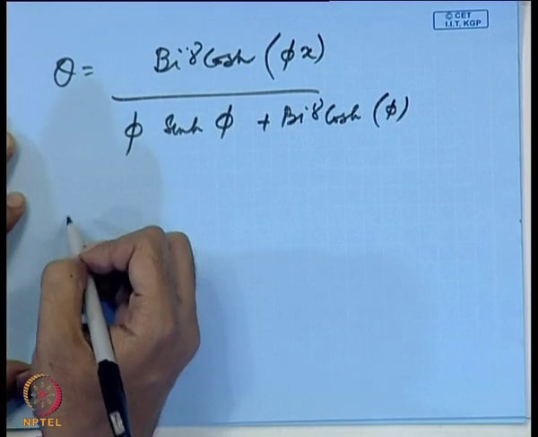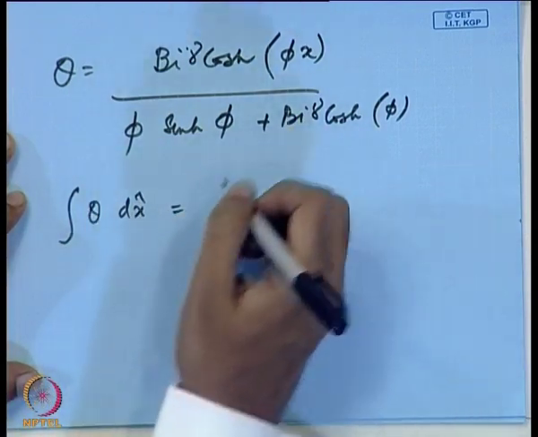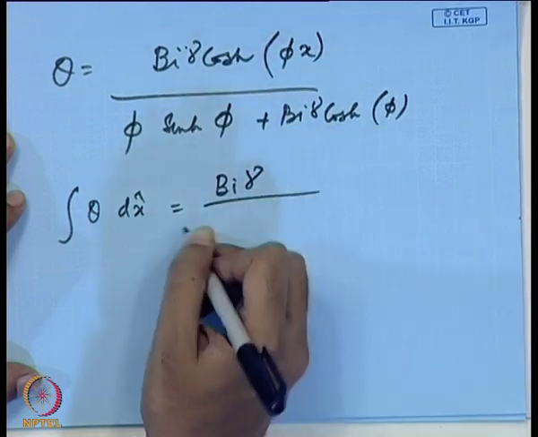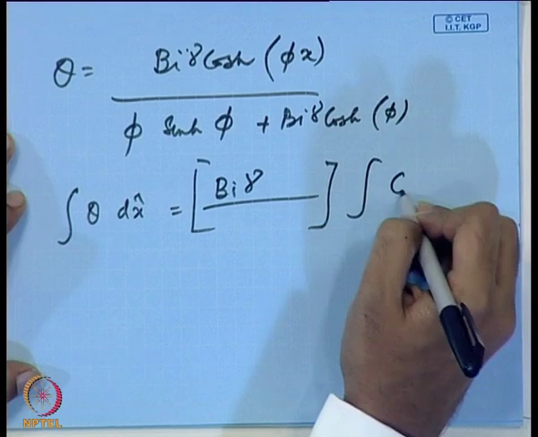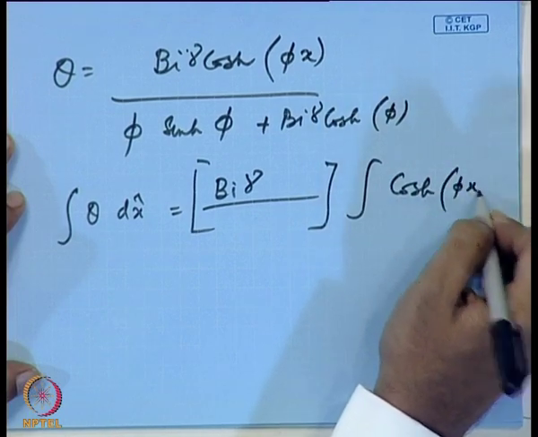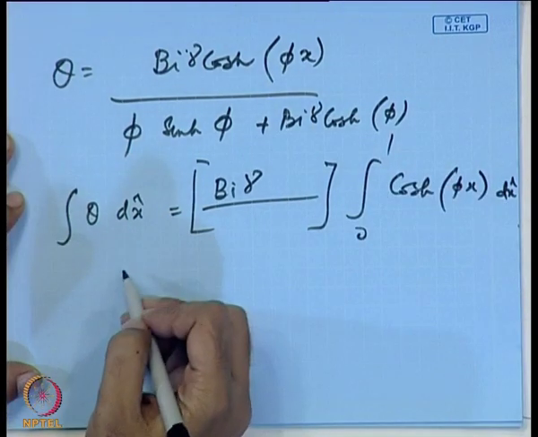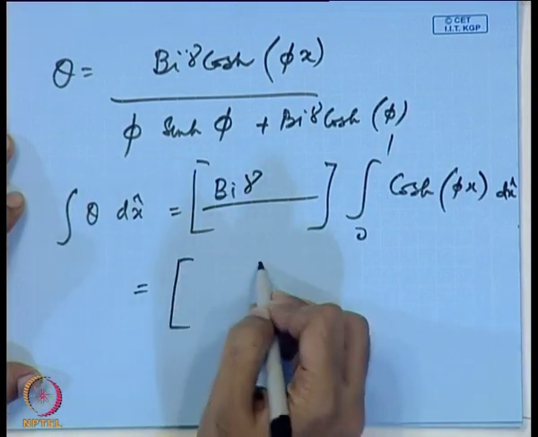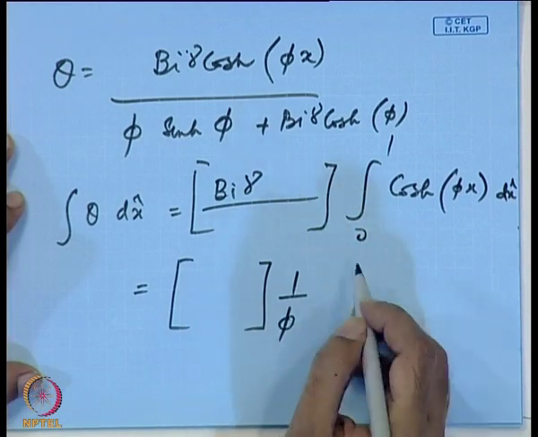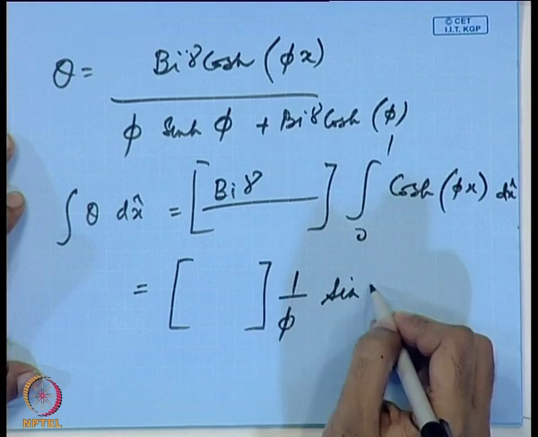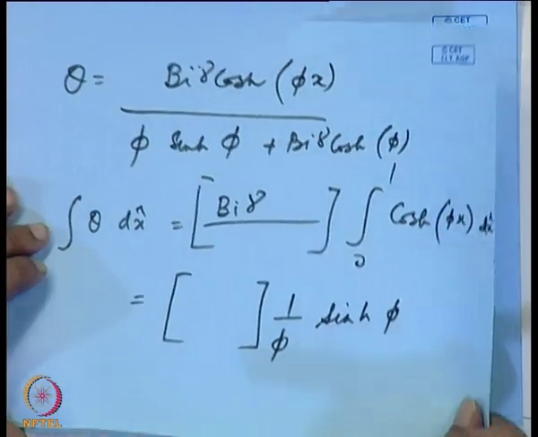So if you do that, then the integral of theta dx hat would be simply Biot number gamma over this entire denominator. I am not writing it because of lack of time. Integral of cos hyperbolic phi x dx hat from 0 to 1, which would be this whole thing in square brackets times 1 over phi sine hyperbolic phi once you put the integrals out there.